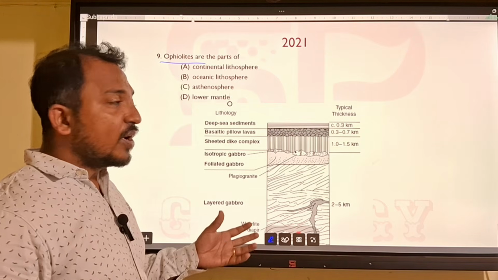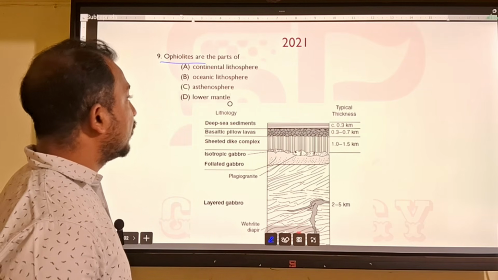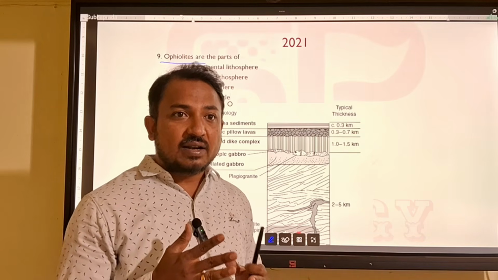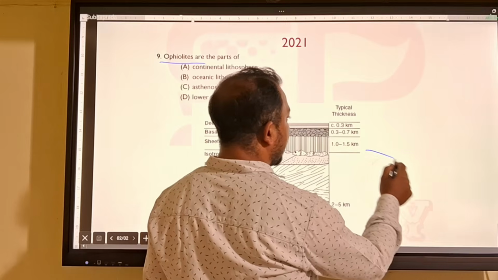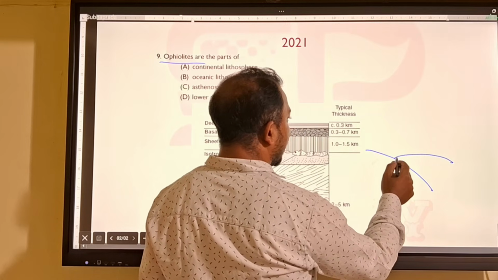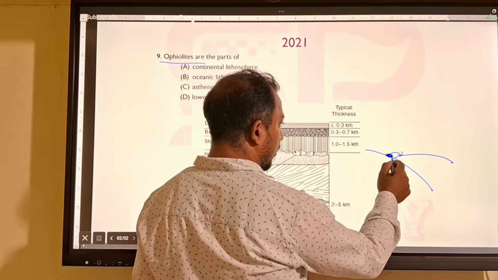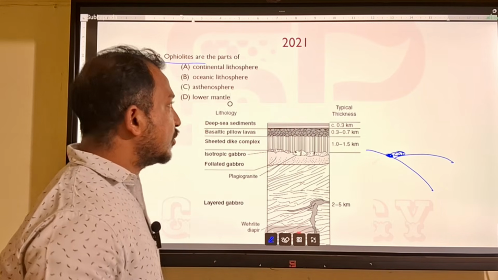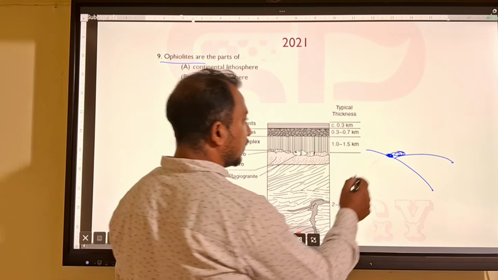Next is a very important concept: ophiolites. Ophiolites are a part of the oceanic crust that is preserved on the continental crust. That occurs at a convergent plate boundary, when part of the oceanic crust scrapes off or breaks and is preserved on the continental crust. That is called ophiolite.